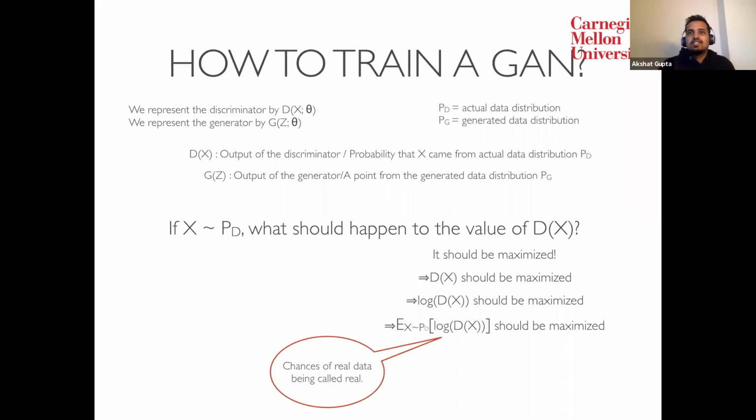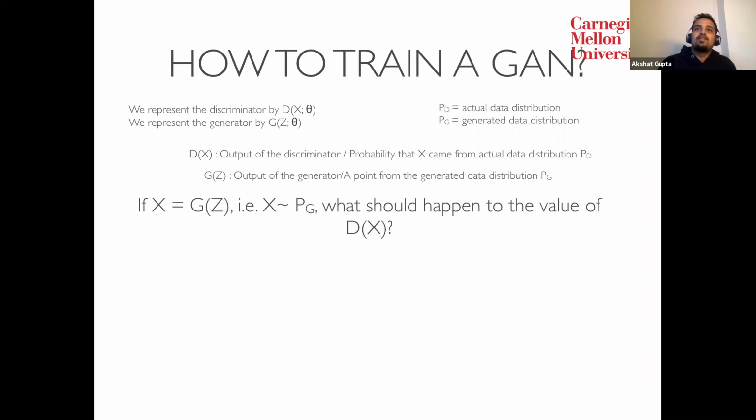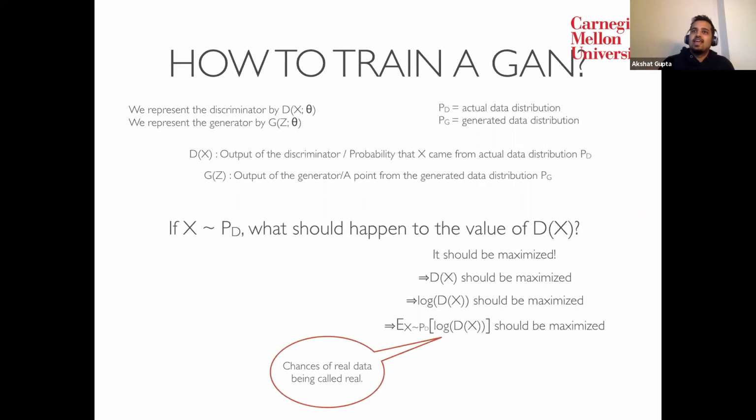You can think of this term as the chances of real data being called real by the discriminator. And we want this thing to be maximized while we're training the discriminator.